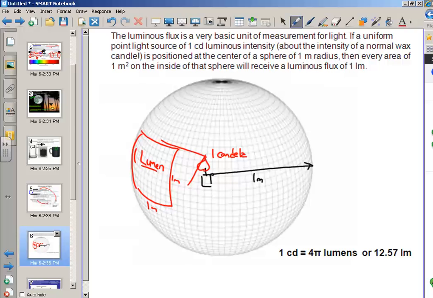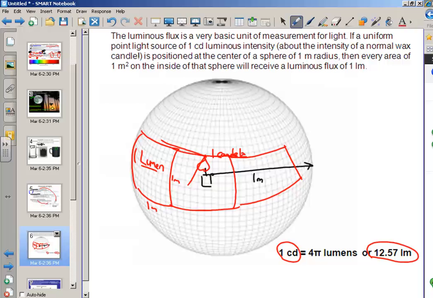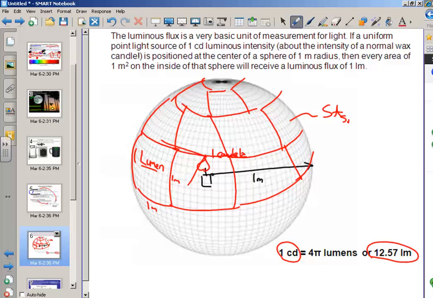And that's why 1 candela equals 12.57 lumens, because if you were to count how many squares were on this thing, there would be 12.57 perfect squares around this. And that's actually the surface area for a sphere, 4 pi r squared.